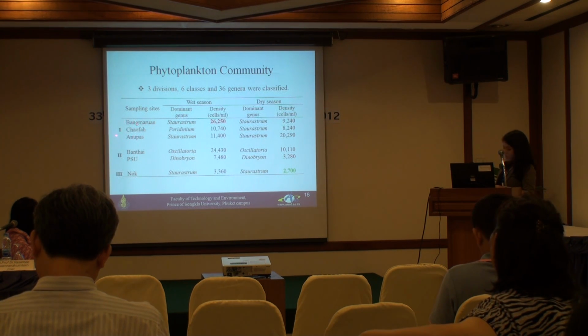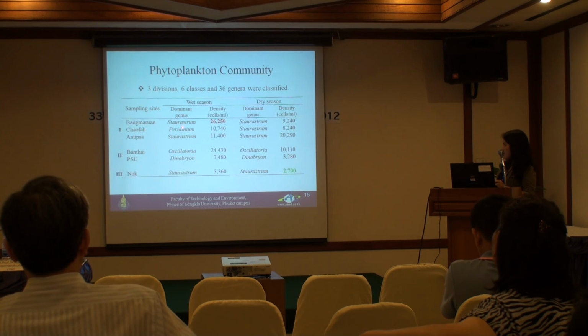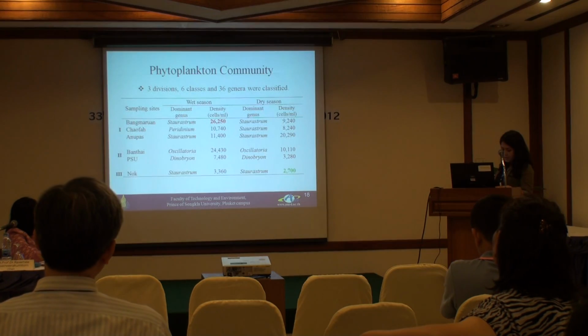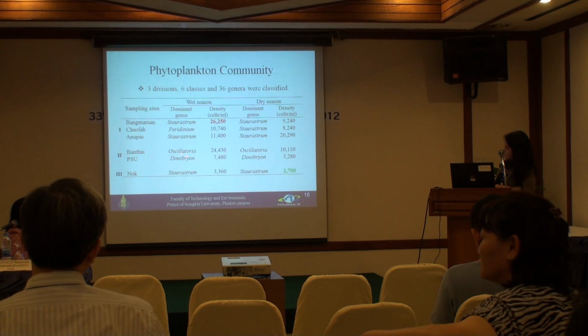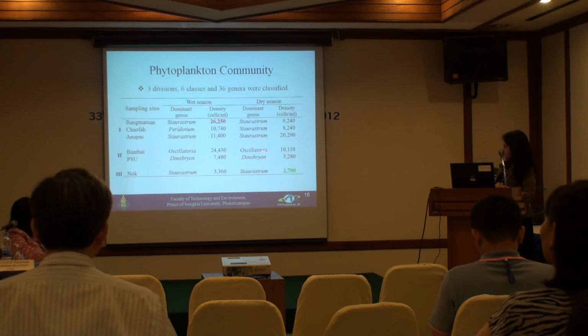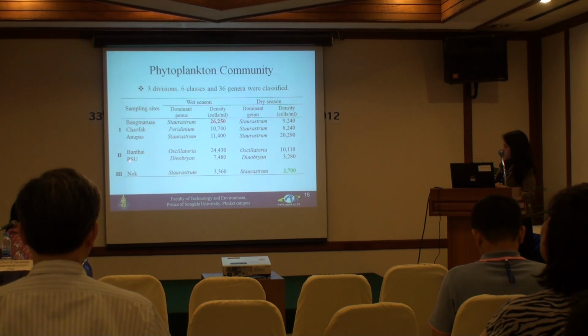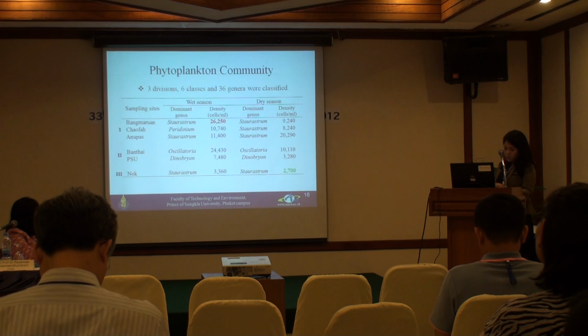Both in category 1 and 3 were similarly dominated by Staurastrum and Peridinium. Ban Thai reservoir was dominated by the genus Oscillatoria in both dry and wet seasons, and PSU reservoir was dominated by Dinobryon in both seasons.